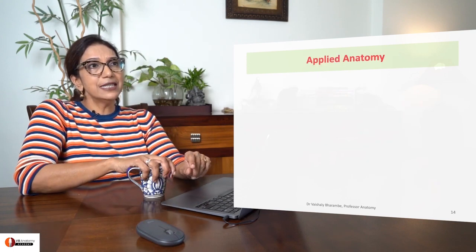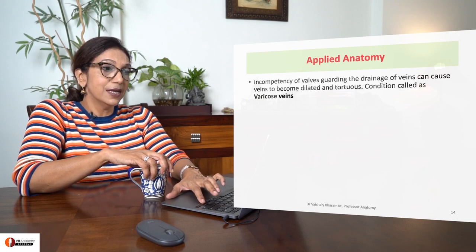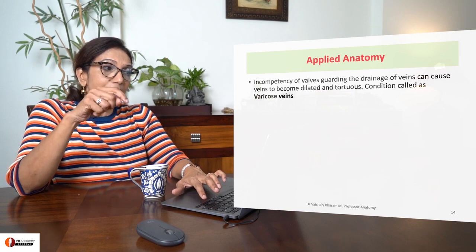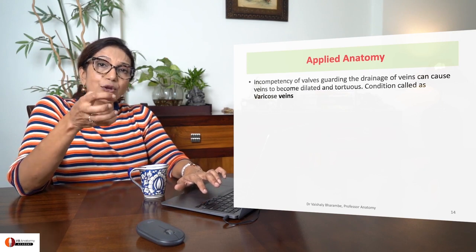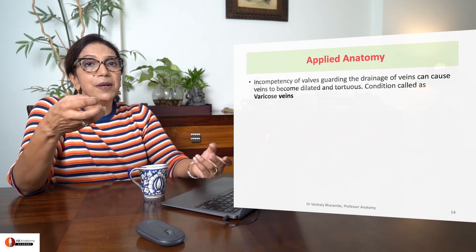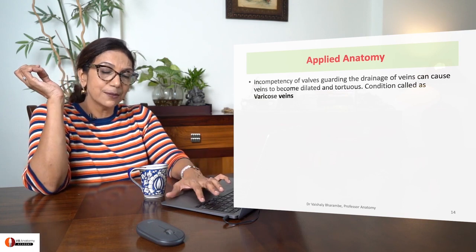Right. So let's just understand that this roof is not devoid of any applied importance. It is. The veins that are passing through, the great saphenous vein, if it has got valves, and those valves become incompetent, the veins can become elongated and tortuous, resulting in a condition called varicose veins.